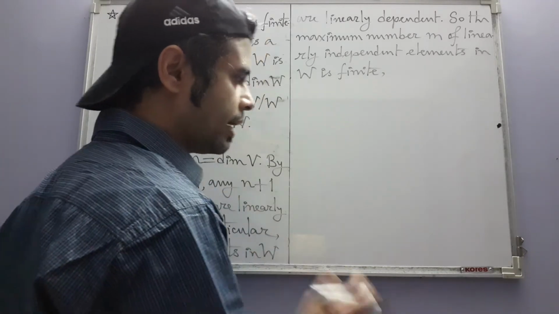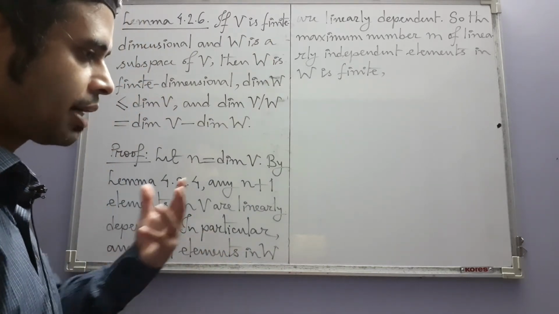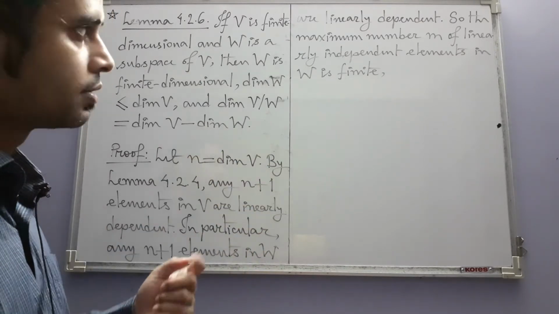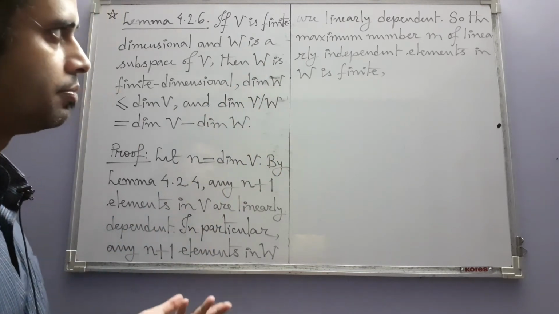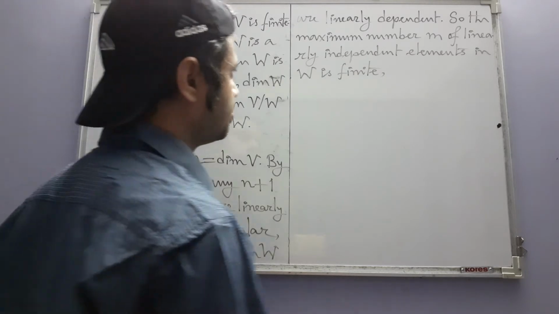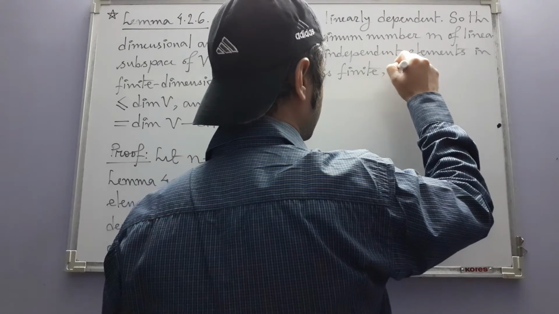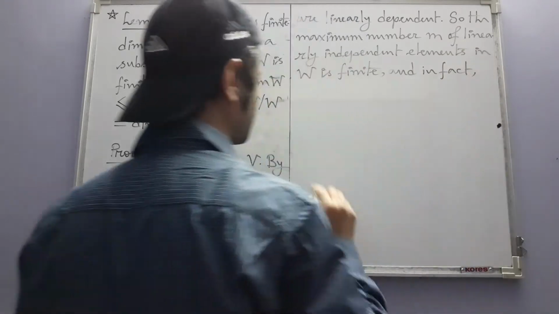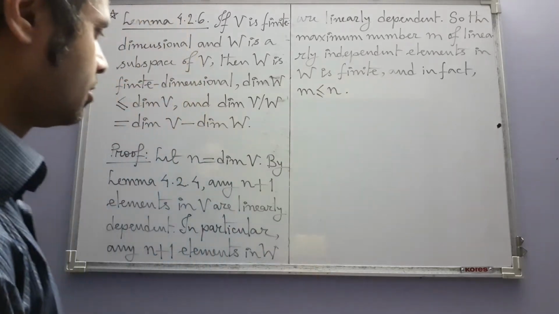So you cannot choose that many elements and have a linearly independent set. So there is a maximum size of linearly independent sets in W. Let that maximum size be M. If we go beyond M in W, then you get a linearly dependent set, and that M of course is finite, and in fact M is less than or equal to n.